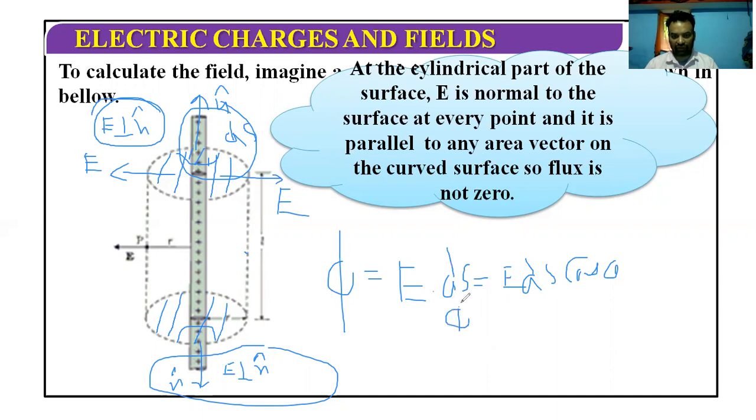So flux phi is equal to 0. There is no flux through the flat surface, upper flat and lower flat, because E is perpendicular to n, or E is perpendicular to ds. The angle between them is 90 degrees, so cos 90 is 0 and the flux is 0. So no flux through the upper flat and no flux through the lower flat. Only the flux that will be through the curved surface. So firstly, we will find out the flux through the curved surface.